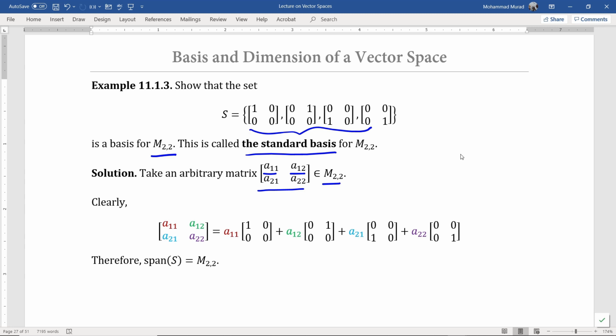Clearly, the matrix can be written as a linear combination of these four matrices in the set S. Therefore, the set spans the vector space M sub 2,2. In other words, span of S is equal to M sub 2,2.